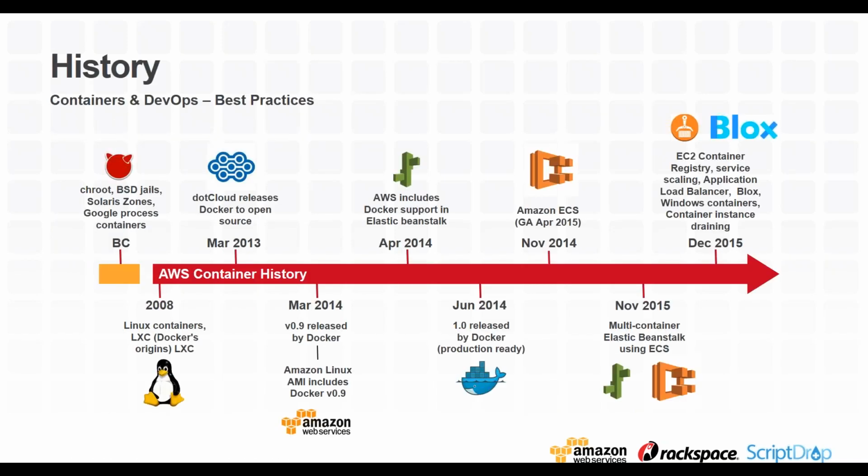The question, why containers now, is really just a part of the evolution of technology. Containers have been around for a long time, and they've actually been a work in progress for quite a long time.